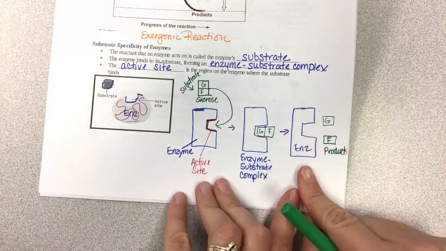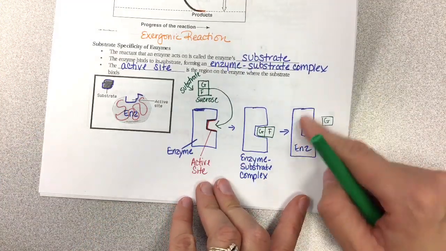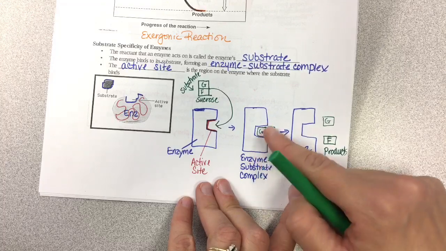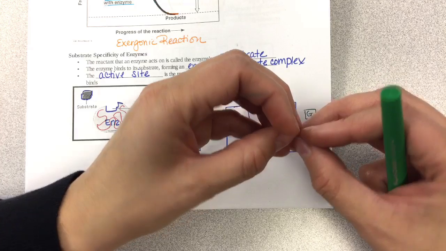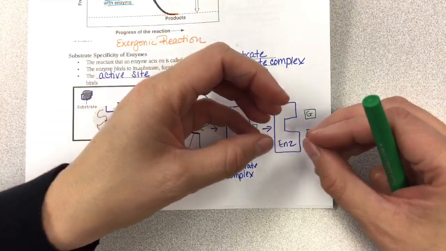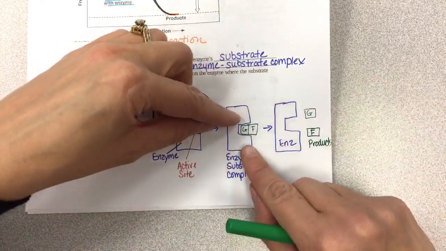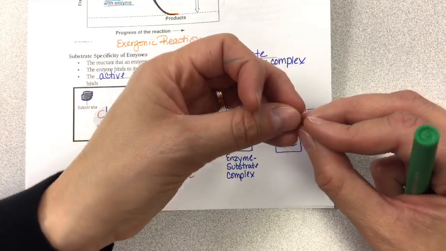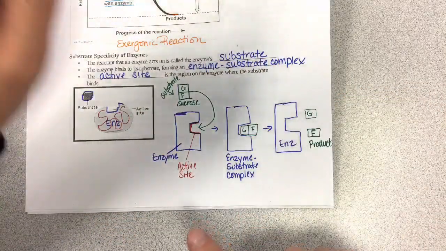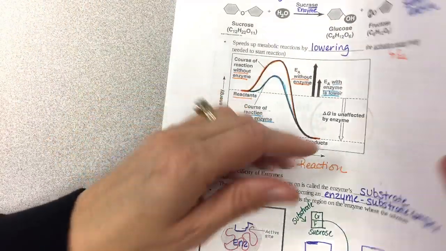Long story short, the enzyme has helped speed along the breakdown of sucrose into glucose and fructose. We'll see in a minute that it does that by putting stress on the bonds that hold it together, making it easier for them to break apart. So it doesn't have to absorb as much energy, and therefore lowers the activation energy.